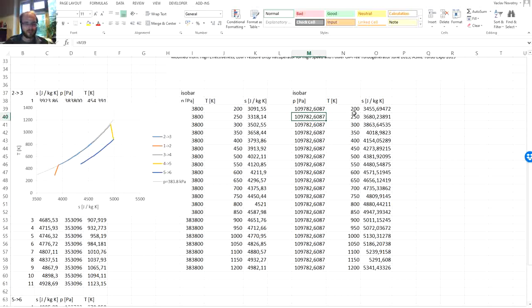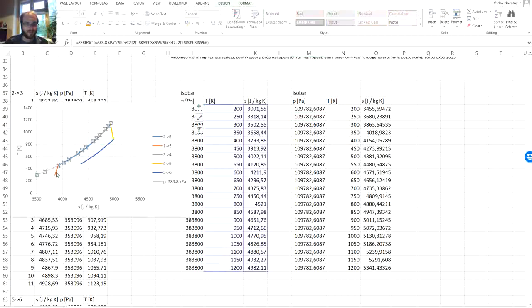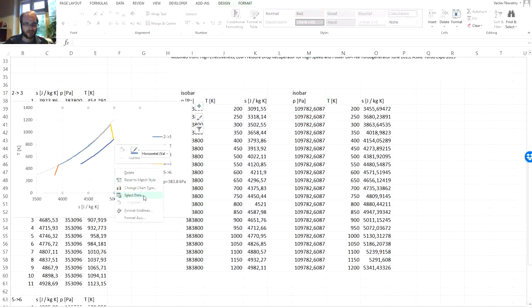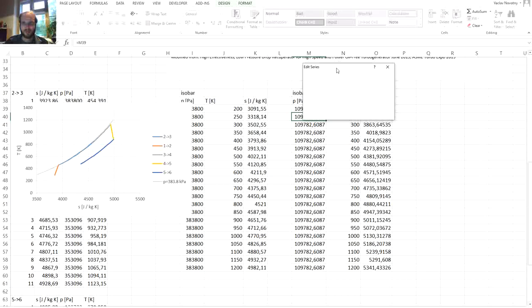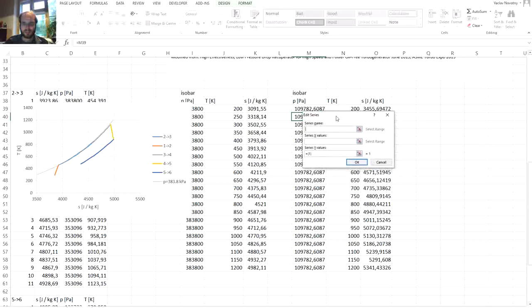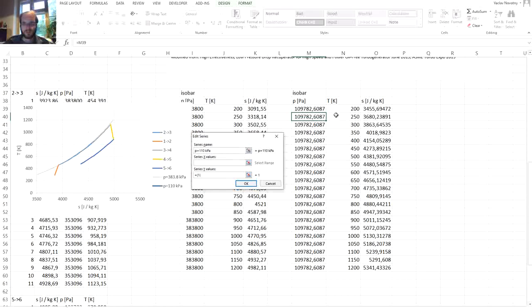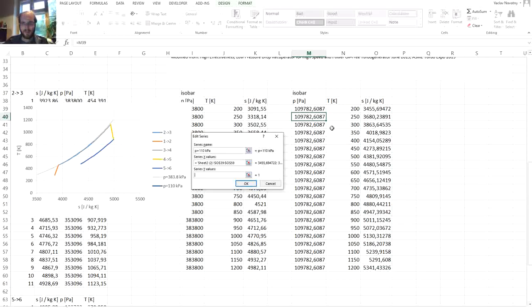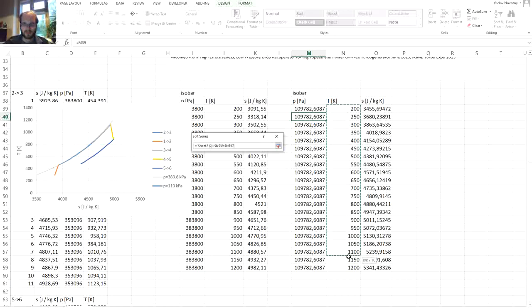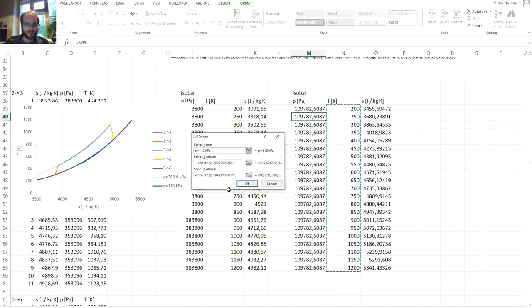Again, why not have the same range in the temperatures, and it's 109, almost 110 kilopascals. Value of X, the range of entropies. Value of Y, the range of temperatures.